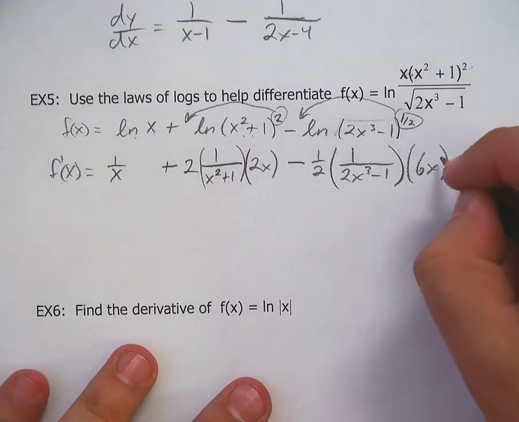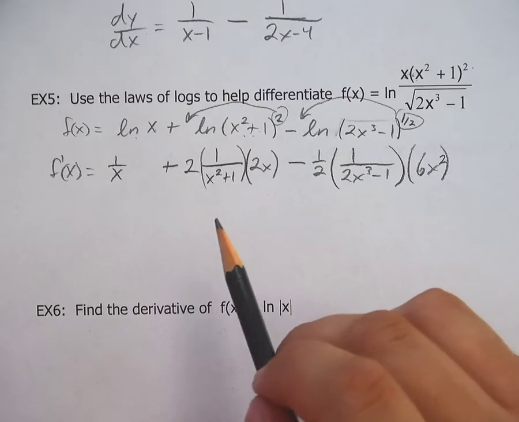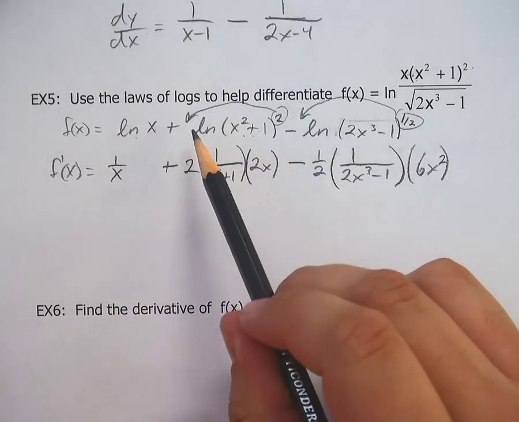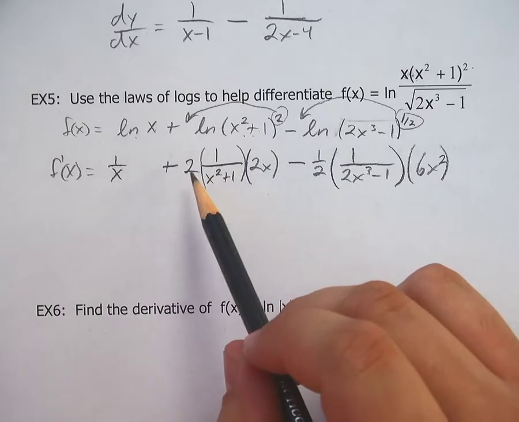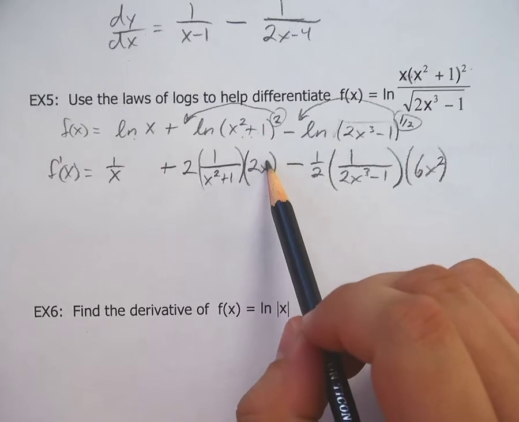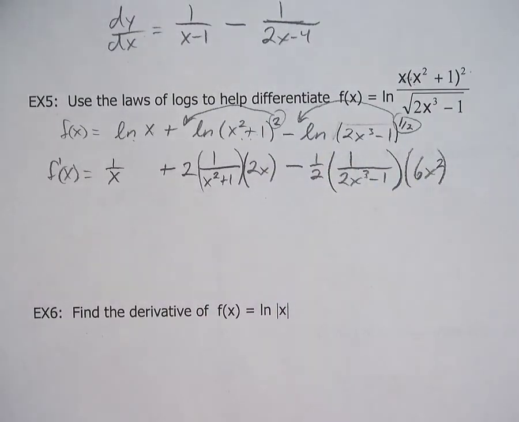Oh, squared. That's cubed, isn't it? 6x squared. Again, the 2 comes down and it stays out front when we take a derivative because it's just a coefficient now. 1 over u du. 1 over u du. Process is the same over and over.